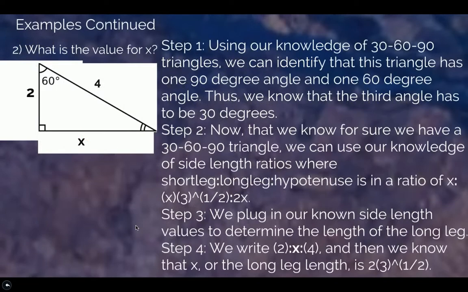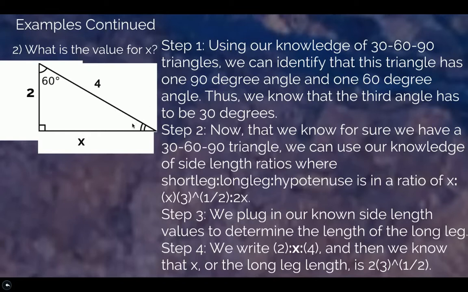So, examples continued. What is the value for x? Using our knowledge of 30-60-90 triangles, we can identify that this triangle has one 90-degree angle and one 60-degree angle. Thus, we know that the third angle has to be 30 degrees. Step 2.